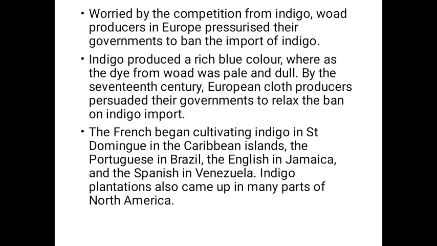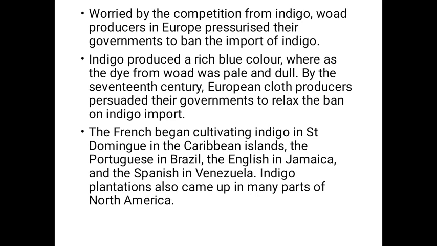Alternatively, the availability of woad in Europe was very high, but the demand for woad was very less compared to indigo. This created tension for the people cultivating woad, so they pressurized the government to ban the import of indigo into Europe.